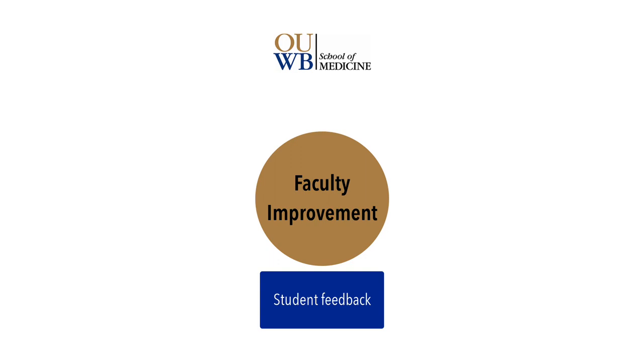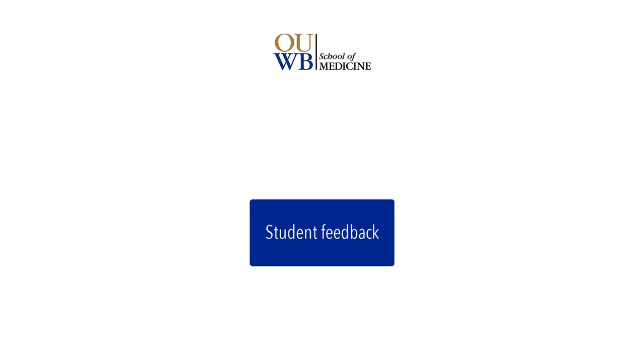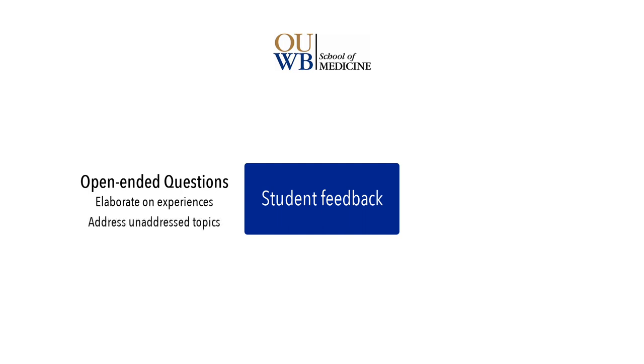While understanding that a multiplicity of feedback sources is ideal, let's consider student feedback in a vacuum. Dr. Selden recommends providing students opportunities to answer open-ended questions that give students room to elaborate on their experiences and to speak to things you may not have considered in setting up a student feedback survey. Conversely, student feedback surveys should also include diagnostic questions that relate to specific and observable teaching behaviors.